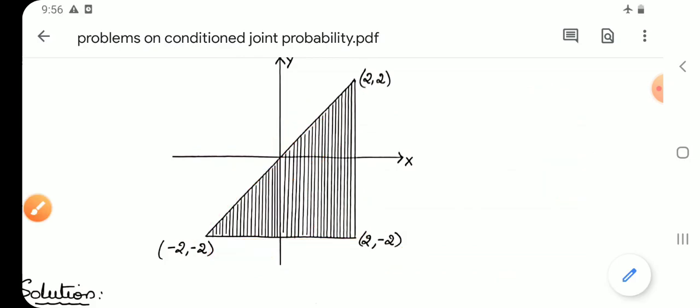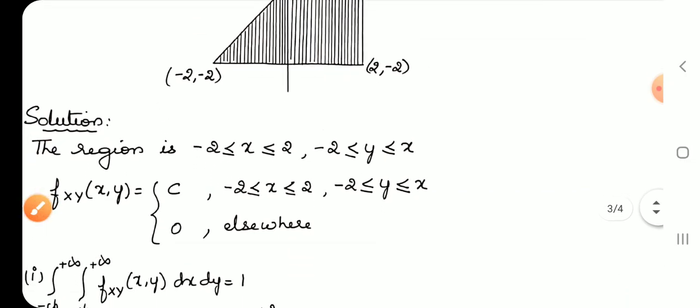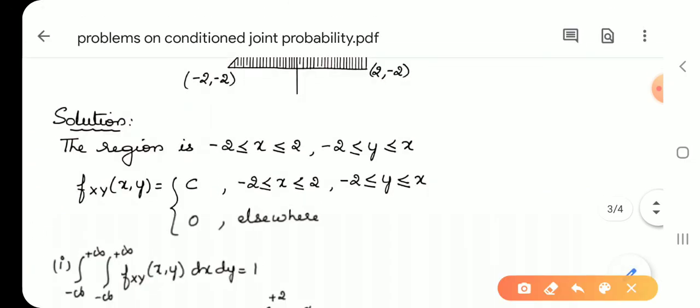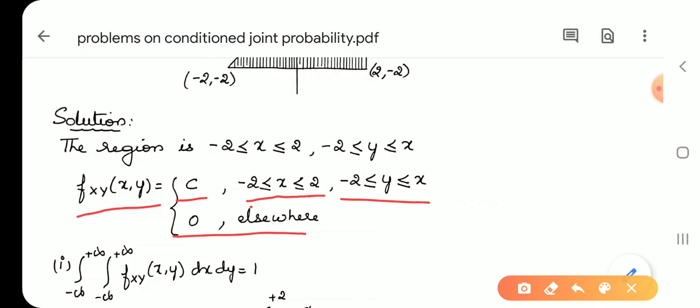So let us rewrite the interval as fxy of x comma y is equal to c for minus 2 less than or equal to x, less than or equal to 2, minus 2 less than or equal to y, less than or equal to x. I have already explained how we obtained it. 0 elsewhere.